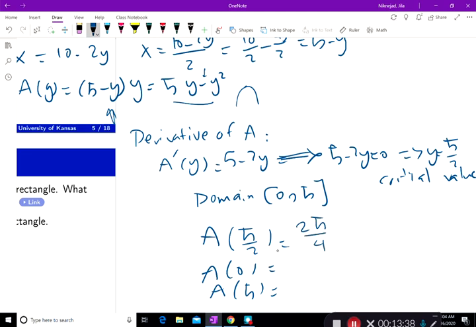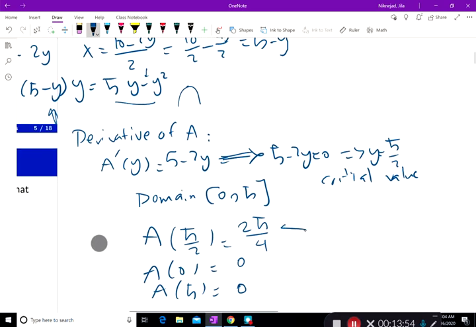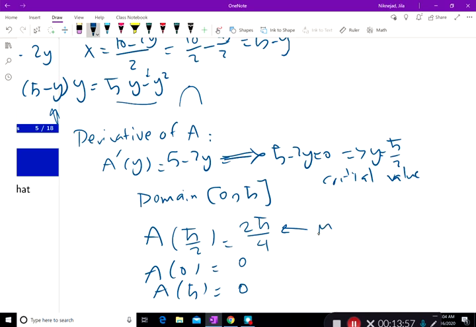If I plug in 0, I get 0. If I plug in 5, I get 0. Again, the function is continuous. I check the two endpoints and I check the critical value, and I figured out that the maximum area is attained here.